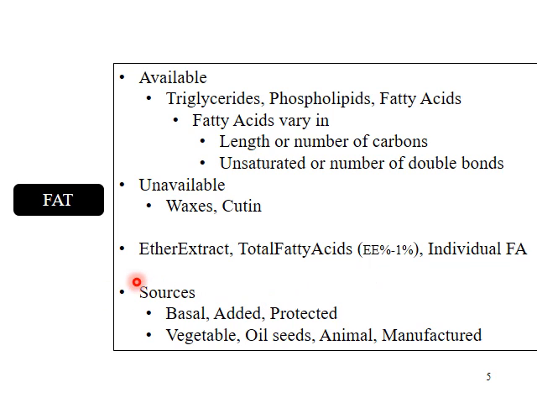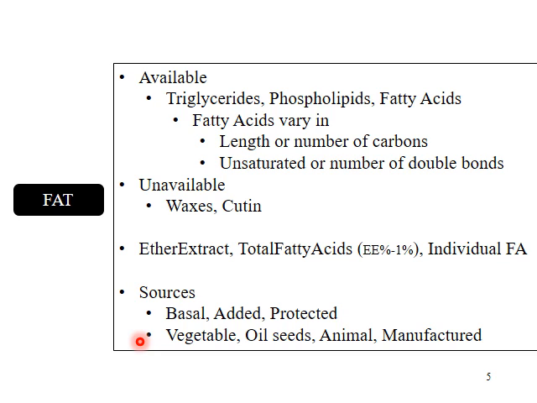As a reminder, we can also classify our fats by source. We can either divide them up as basal, what's in the basal diet, what we add from our grains, and then what we may add is Megalac or Megalac knockoff, our protected fats, our ruminant inert fats moving through. We also could break it down into vegetable. Are they plant-based?